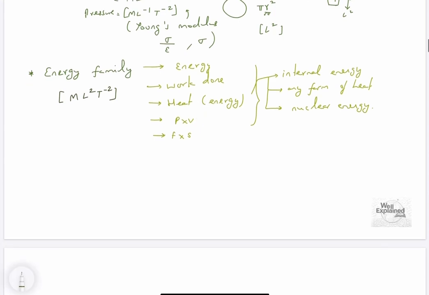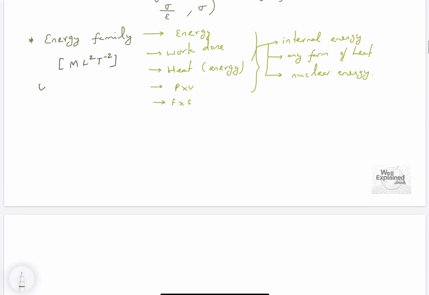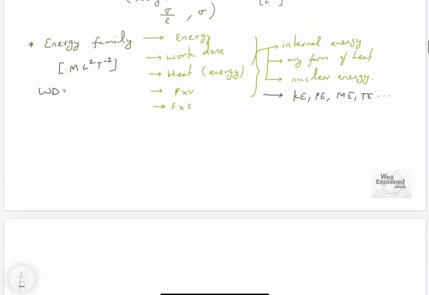And how did I derive this? Very, very simple. What is work done? Work done is nothing but, let's add kinetic energy, potential energy, mechanical energy, total energy, and so forth. Whatever energy it may be, work done is nothing but force into some distance that you travel. What is distance? Nothing but length family.